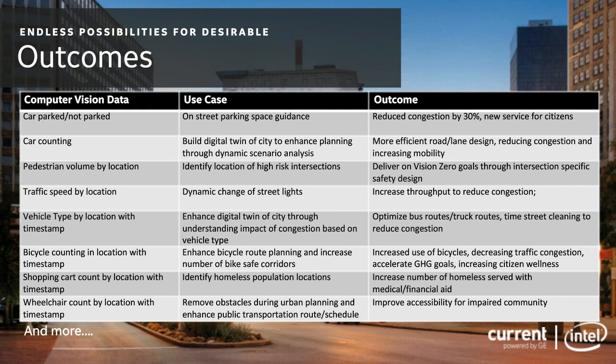Traffic speed, right? Just knowing not how many cars are passing by each sensor, but how fast each car is passing by each sensor can give you an extremely powerful ability to dynamically change your streetlights from red to yellow to green based on the actual demand of the system at hand.